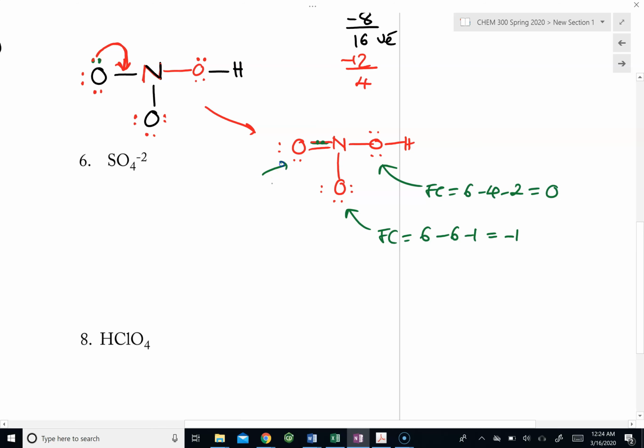And this one right here, its FC equals 6 minus 4 minus 2 equals 0. And as for this nitrogen, its FC equals 5 minus 0 minus 4 equals 1, or positive 1.